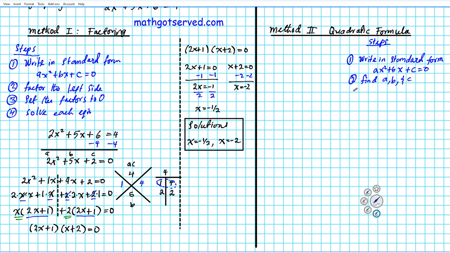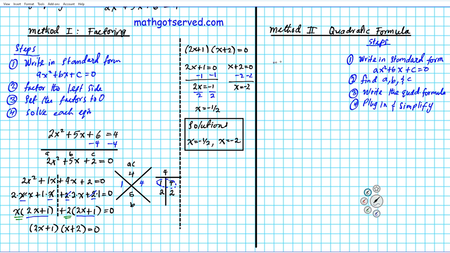That's the beauty of writing it in standard form, so you can accurately determine what a, b, and c are. After doing that, you are then going to write down your formula. It's always good to write it down before you use it, to avoid making mistakes. So you write the quadratic formula. After you write it down, you're then going to plug in, or substitute, and simplify using PEMDAS. All right, let's do it.